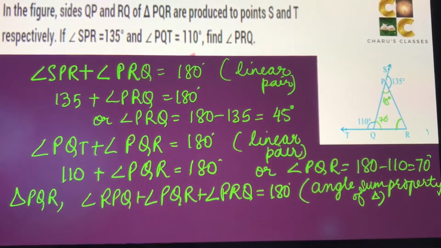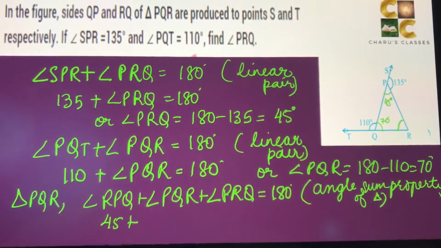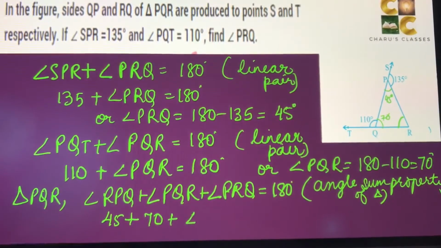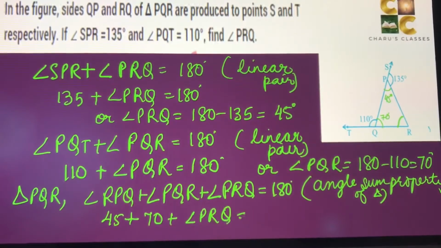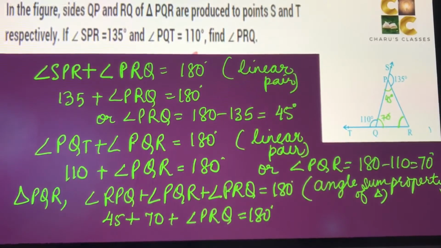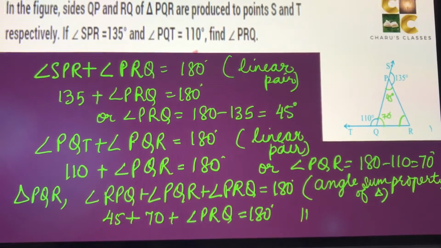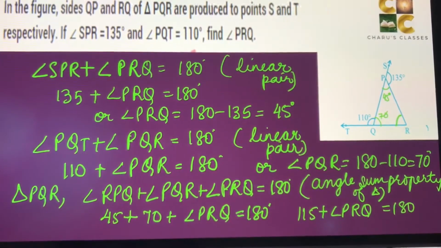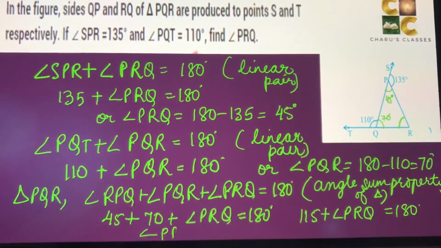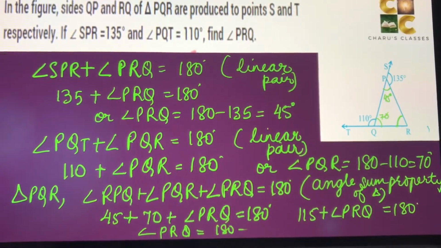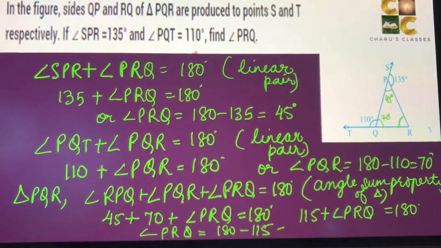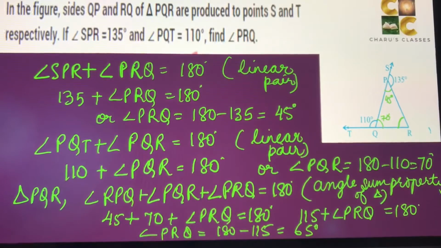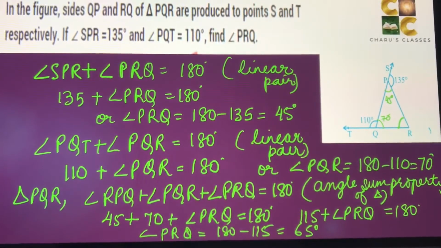So angle RPQ, that is 45 degrees, plus angle PQR, which is 70 degrees, plus angle PRQ, which we need to find out, is 180 degrees. Or we can say 115 plus angle PRQ is equal to 180, or angle PRQ is equal to 180 degrees minus 115, which will come out as 65 degrees. So here the answer is 65 degrees.